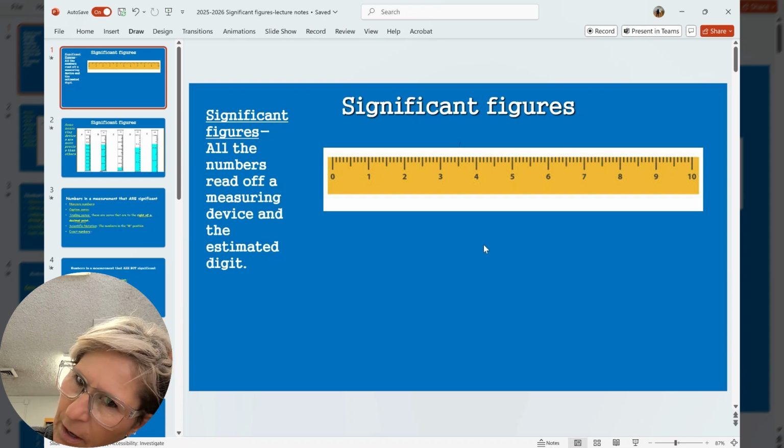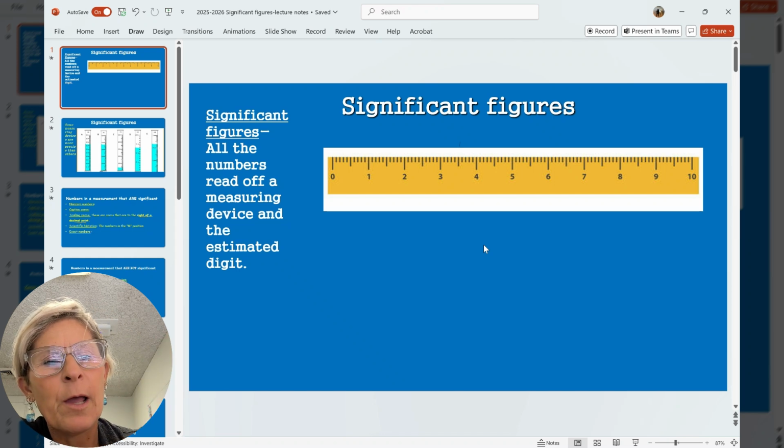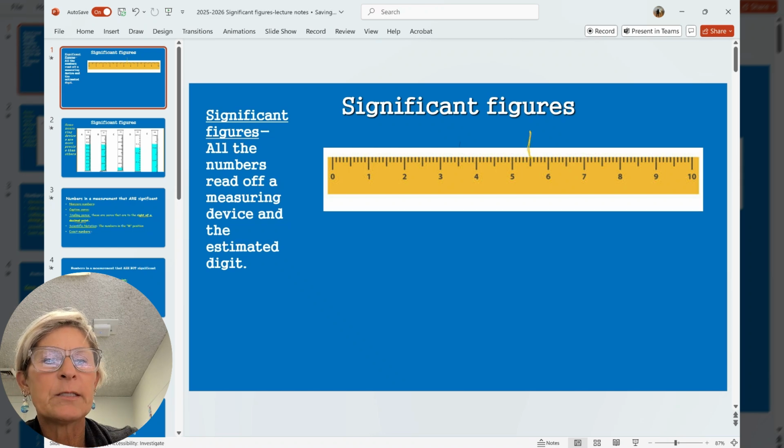So first off, significant figures are all the numbers read off a measurement device plus the estimated digit. If I was to measure an object that lands right here, this is a centimeter ruler, by the way. So 0, 1, 2, 3, those are centimeters. In between are millimeters.